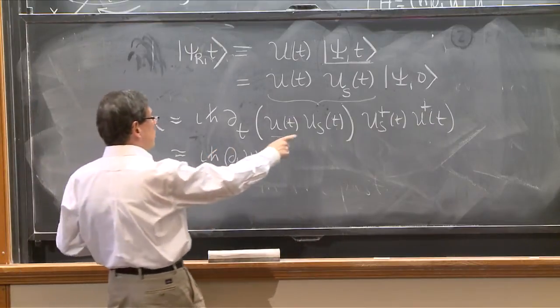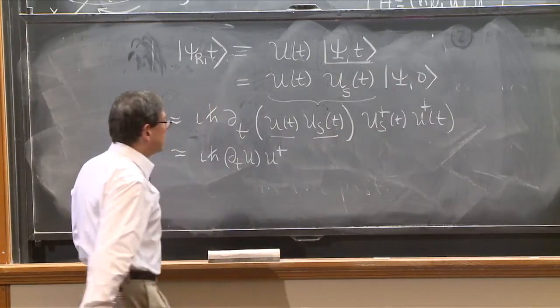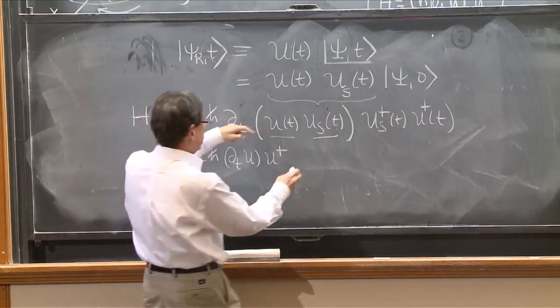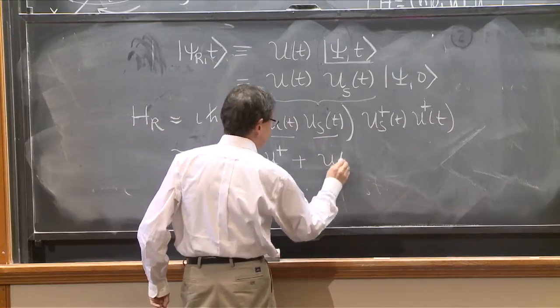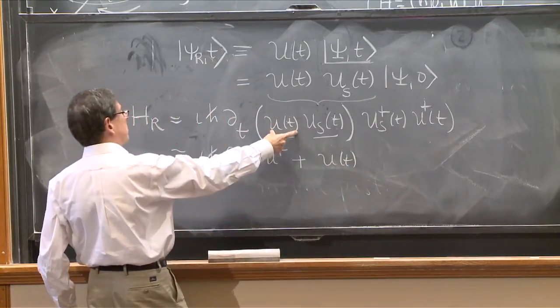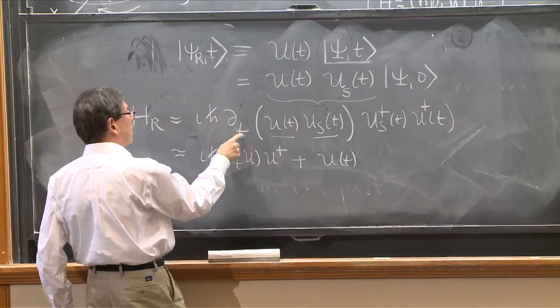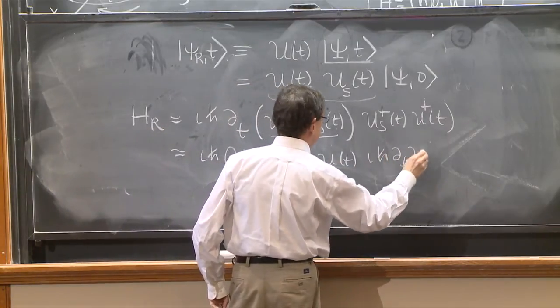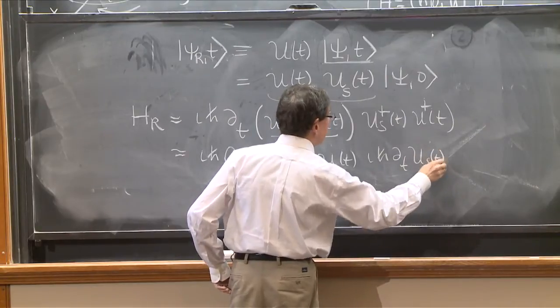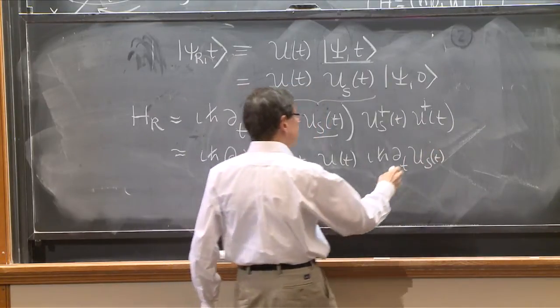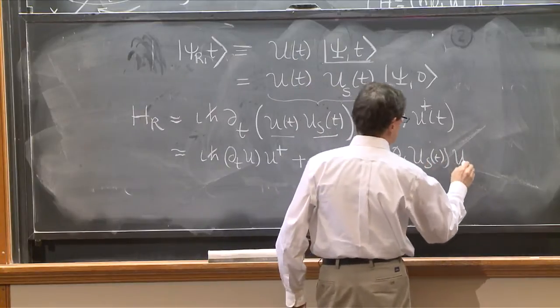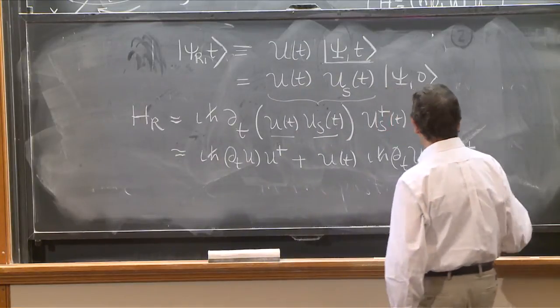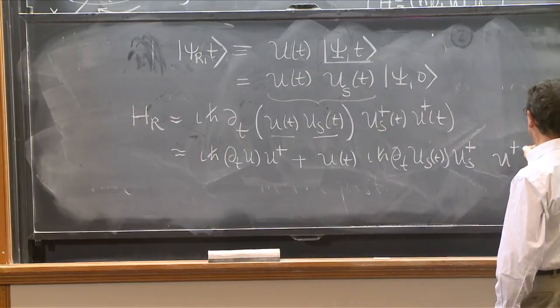Now, when it acts on the second one, what do we get? Well, I'll write it this way, plus U of t, because this will be first, then i h bar dt U_S, and then you have U_S dagger, and then U dagger of t.